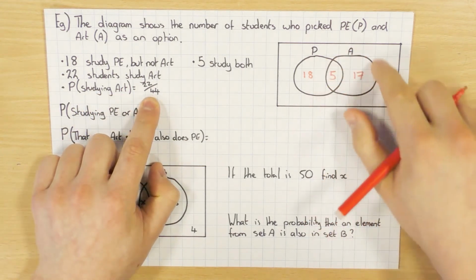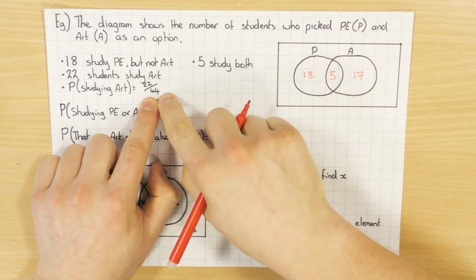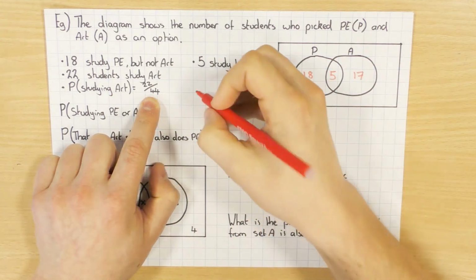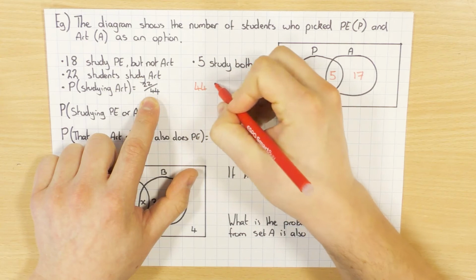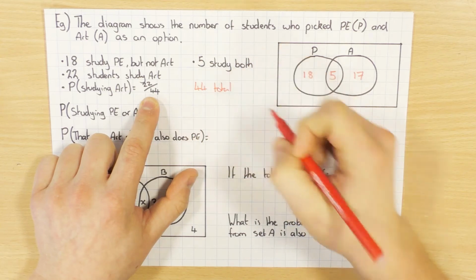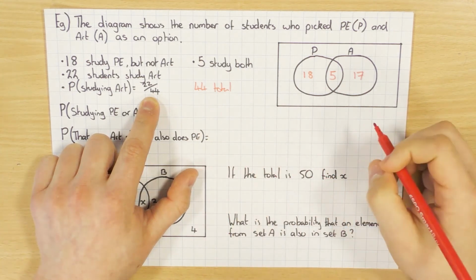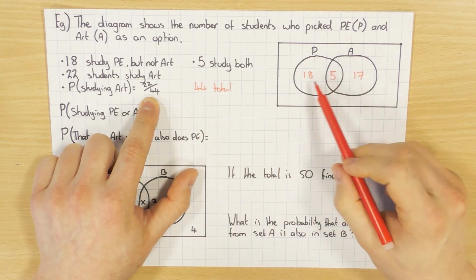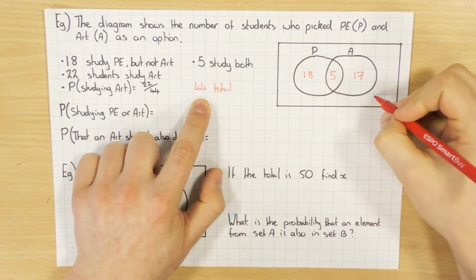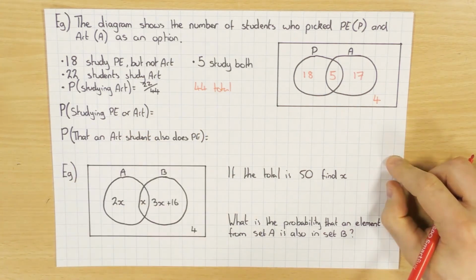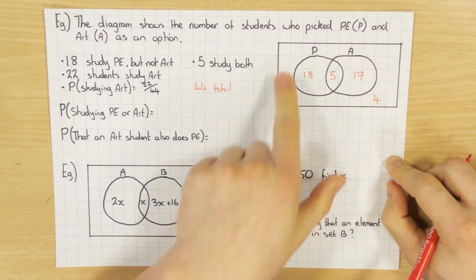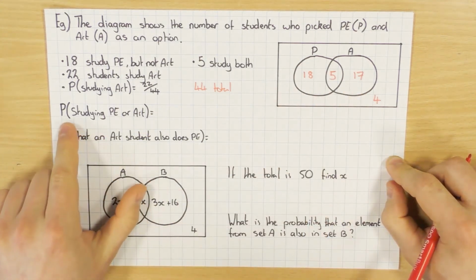Well, I know that 22 students study art, and if it's out of 44, that must mean there's 44 students in total. So if I add these up, I am going to get 40. Yep, 40, which means there must be 4 students who didn't pick PE or art as an option. Once you've filled that in, we can start looking at some questions.